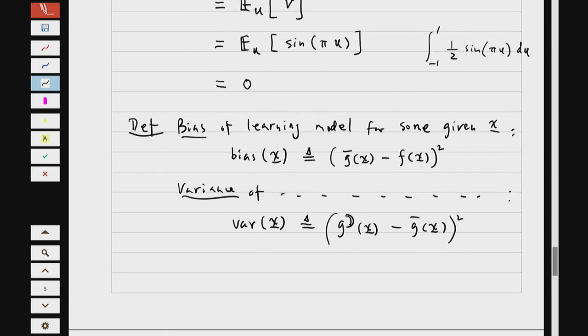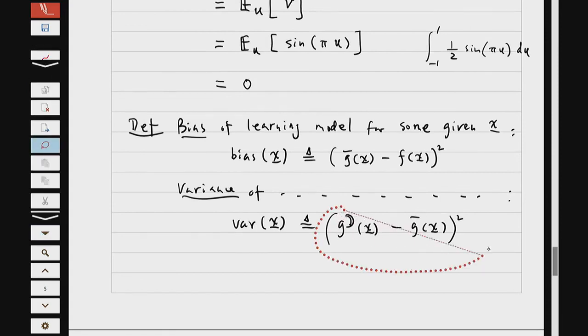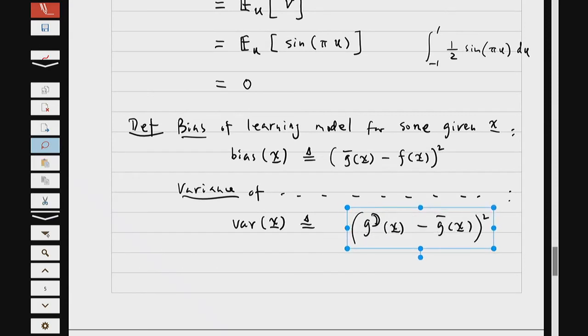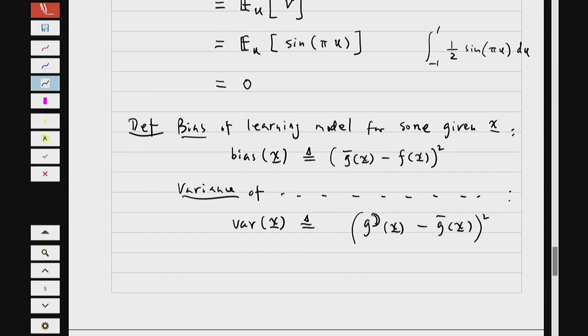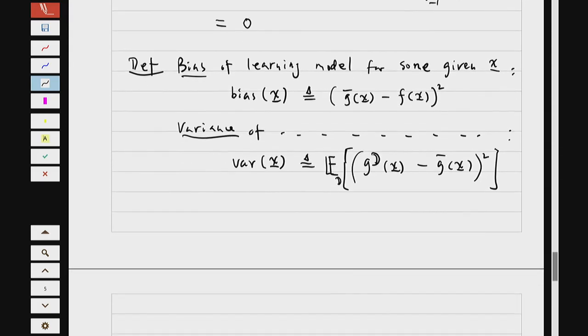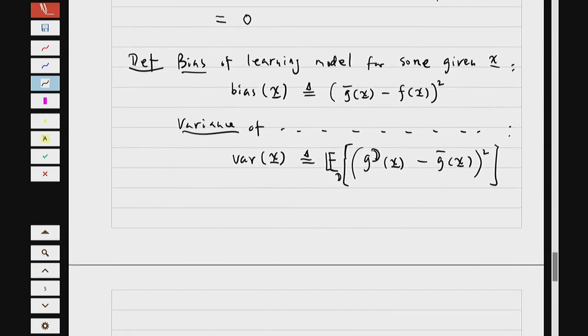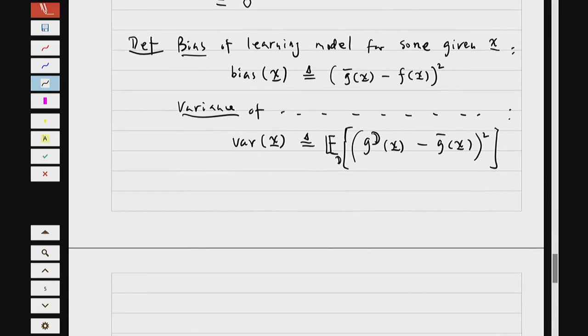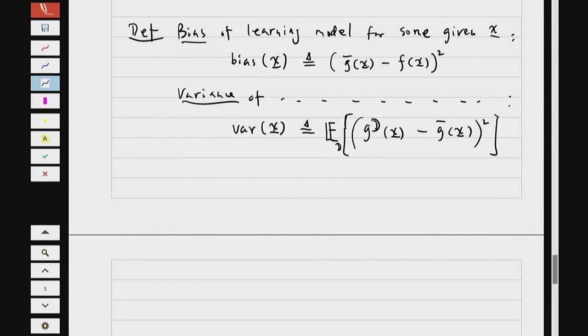Oops, I have to take the expected value, otherwise this will not be a variance. This variance is based on the randomness of D, so the subscript is D. So this is the bias and variance of our learning model, given the data point x.